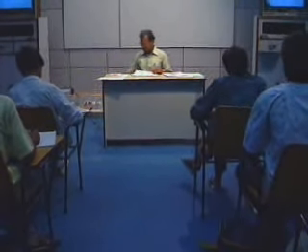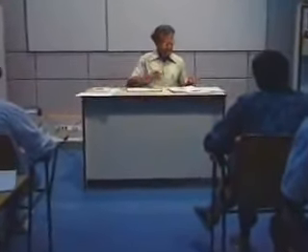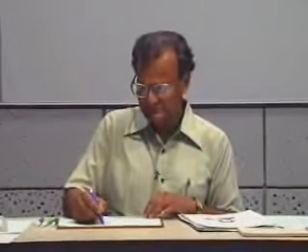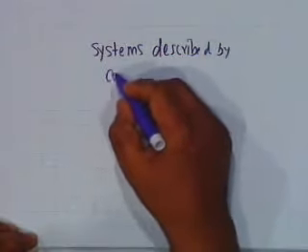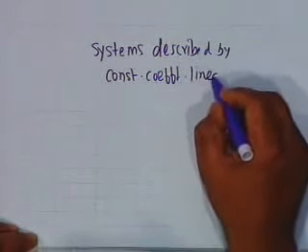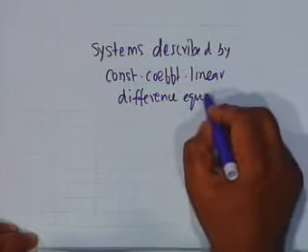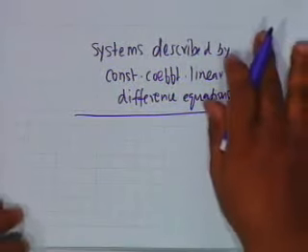Before we take up introducing Fourier, there is a small amount of discussion left from systems described by constant coefficient linear difference equations, which we would like to discuss first before introducing Fourier.